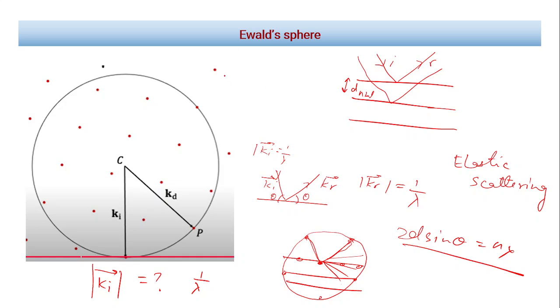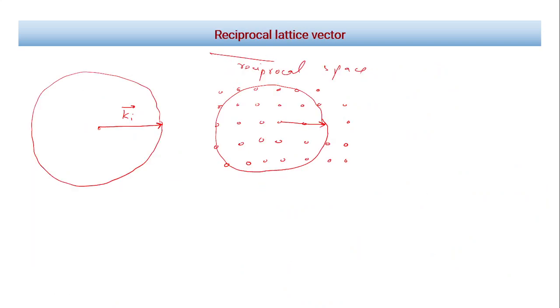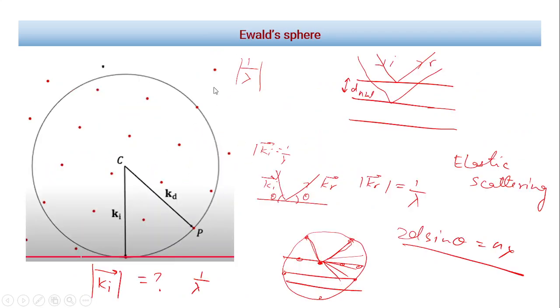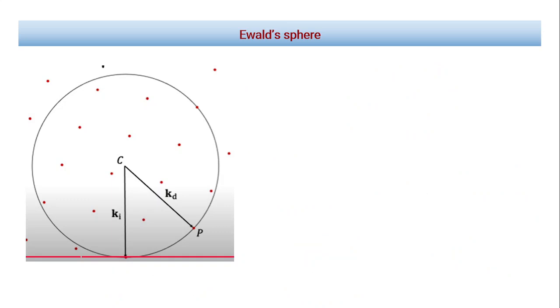All these points are in reciprocal space, and their magnitudes are the inverse of the interplanar spacing. So they are connected with our crystal planes, and there we see which crystal planes we can get in the diffraction. That is where the Ewald sphere is helpful. This is one example. I hope you understood the Ewald sphere.